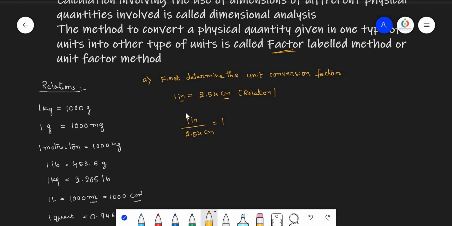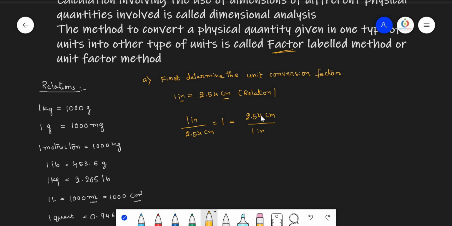Numerically the values are different because they are in different units, but 2.54 centimeters equals 1 inch, so if you divide both of these, the value equals 1. Similarly, we can write this relation in another form also, that is 2.54 centimeters divided by 1 inch. These two are more or less the same.